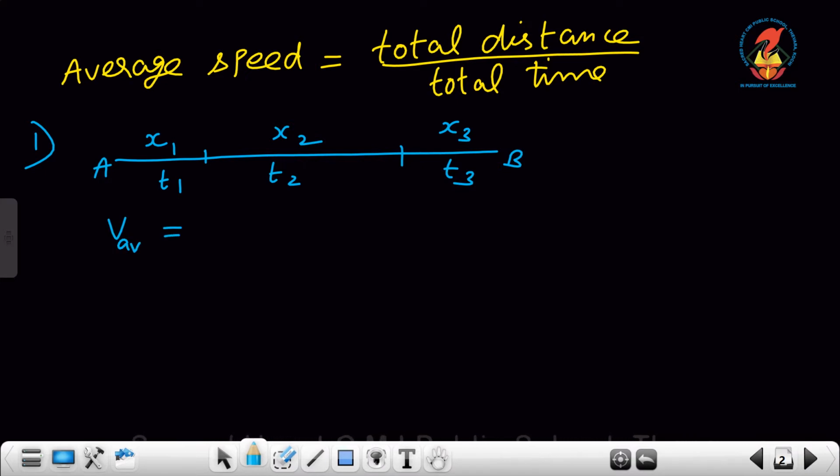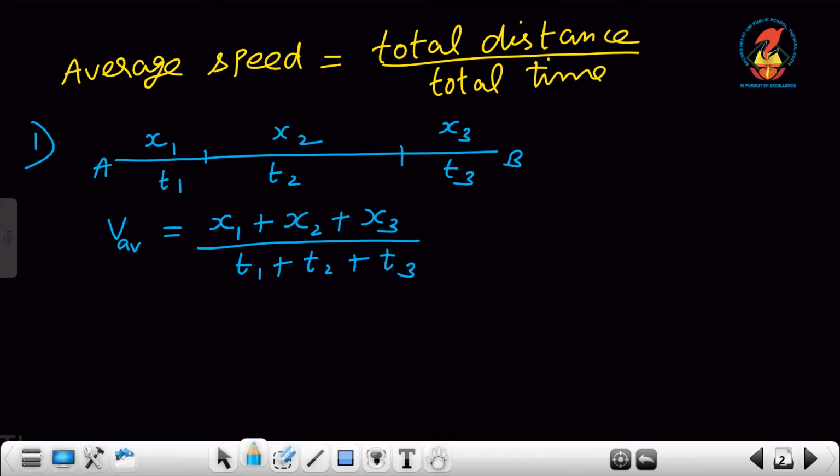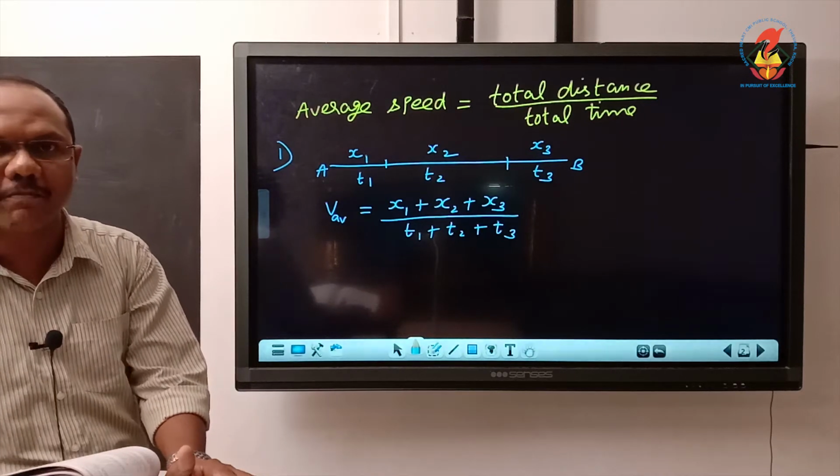We only know the formula total distance by total time. So here, what is the total distance? x1 plus x2 plus x3. And what is the total time? t1 plus t2 plus t3. So this is the answer. This is how we will get the average velocity.